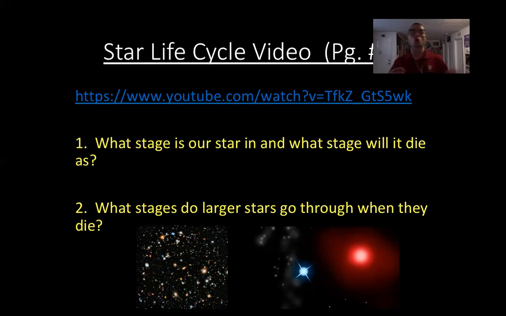And two, what stages do larger stars go through when they die? Our star is massive in our solar system, right? But compared to other stars that we see in the sky, maybe not as large in comparison, right? So what stages maybe do larger stars go through?